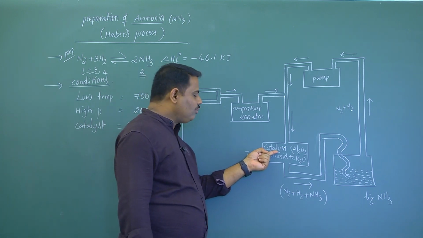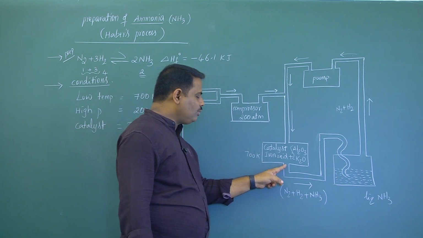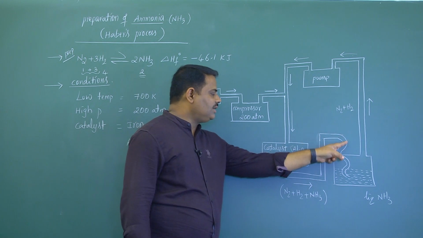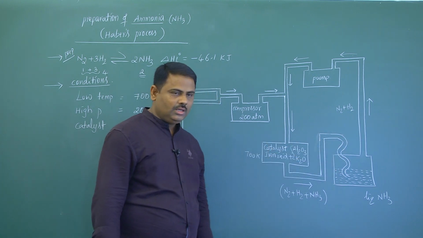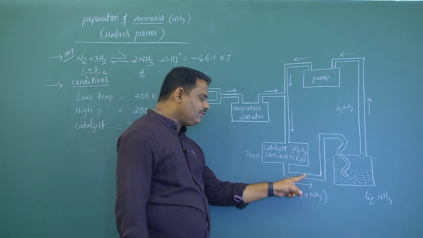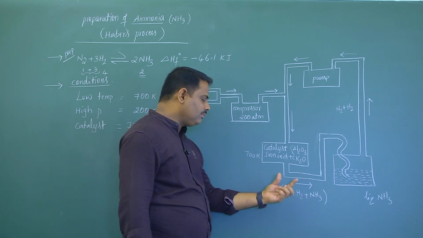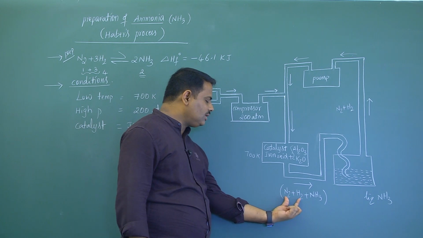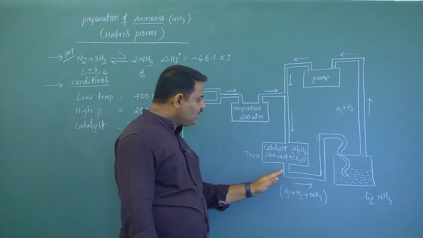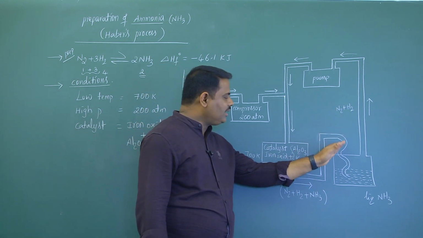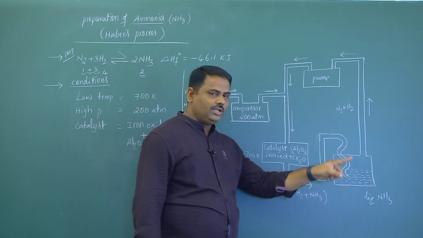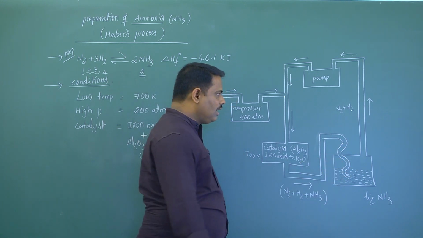After formation of ammonia, pass this ammonia gas into a condenser. Here you have to remember, after formation of ammonia, along with ammonia gas, some unreacted nitrogen and hydrogen gas is also available. This total mixture is passed into a condenser where ammonia is converted into liquid state.